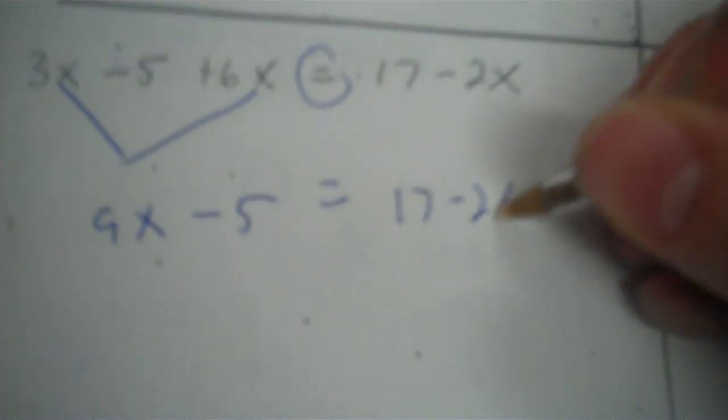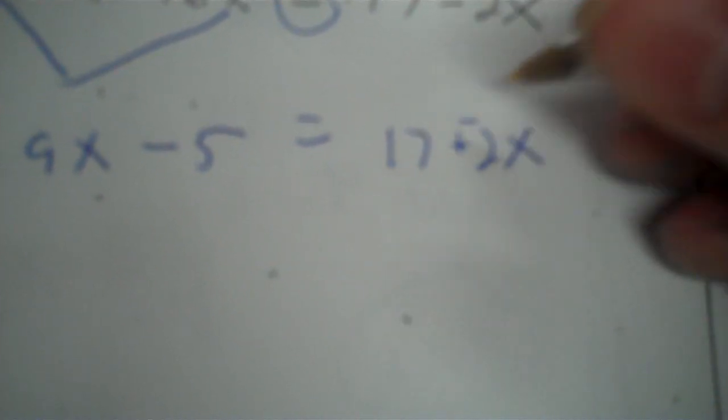Then on the other side we just write 17 minus 2x. Now I take care of the opposite side, so we have a positive 9x and a negative 2x. Well, there's your smaller one, so you add 2x to the 9x because it's negative, so you add it. So 11x minus 5, and then we have 17.